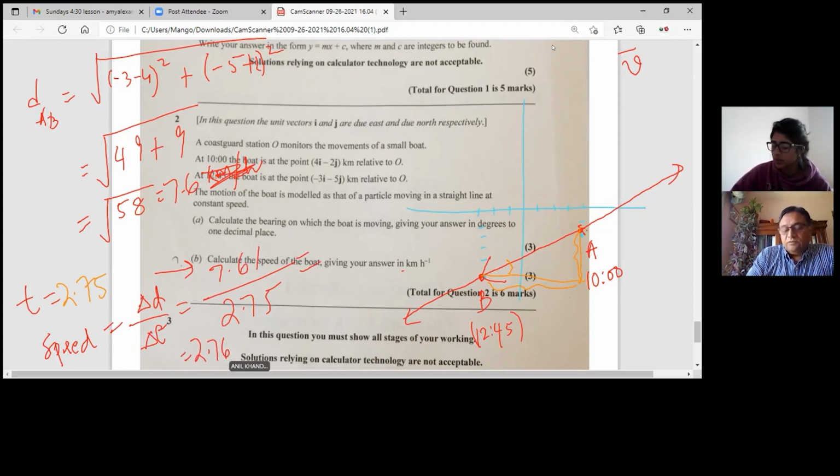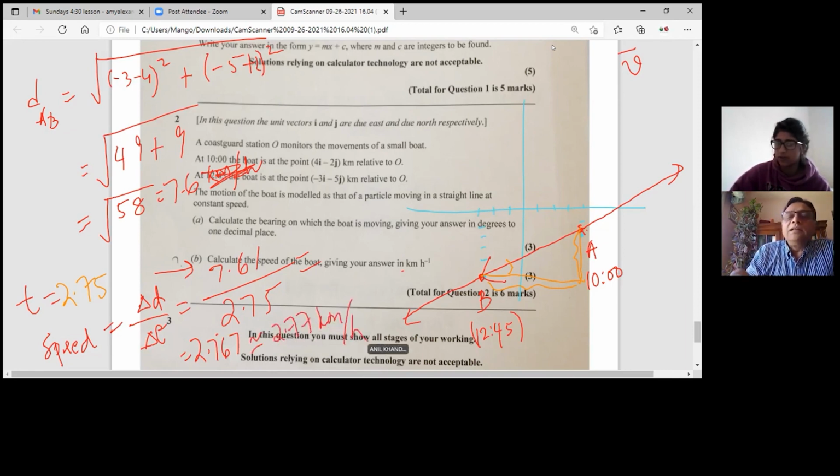Yeah, we will calculate the speed, giving the answer to 3 significant figures, 2.77, right? Okay. Kilometers per hour. Is that clear to you?